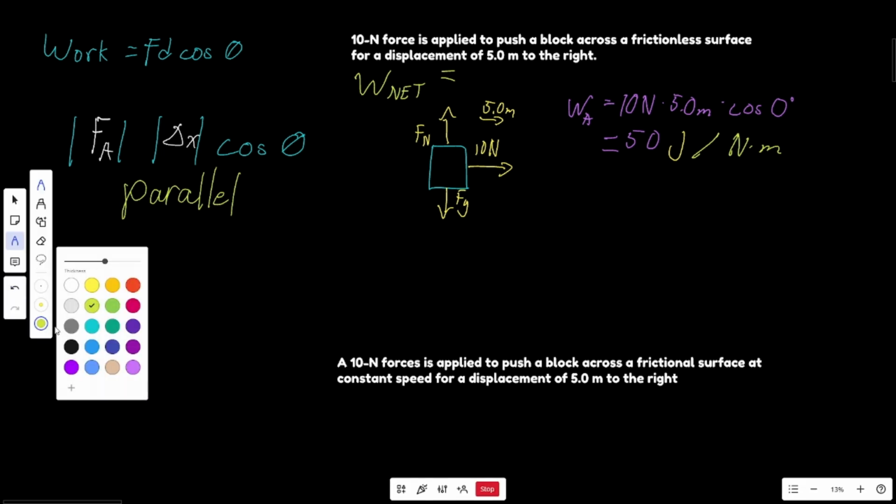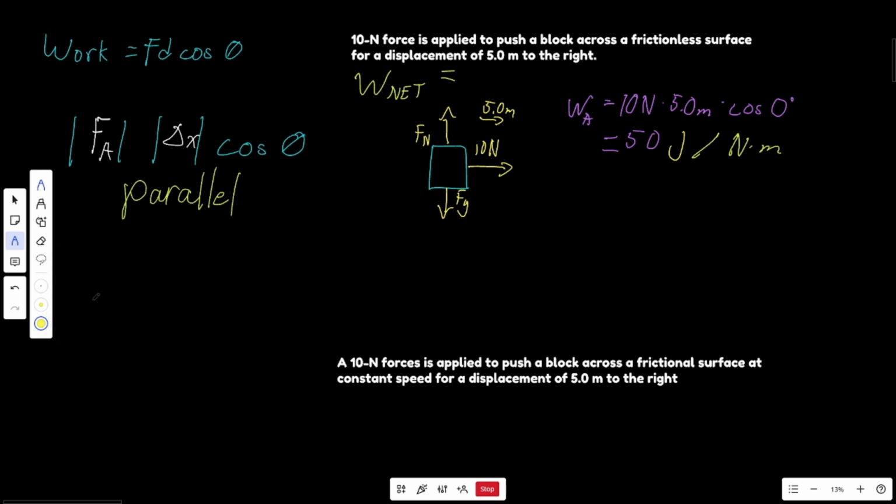So now let's try and get the work done by the normal force. So let's go on to the normal force now. Work done by the normal force. The normal force is going to be at a 90-degree angle to our displacement, as you can see here.